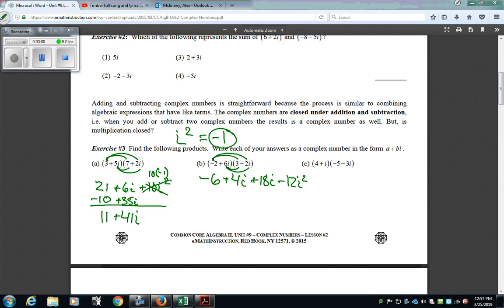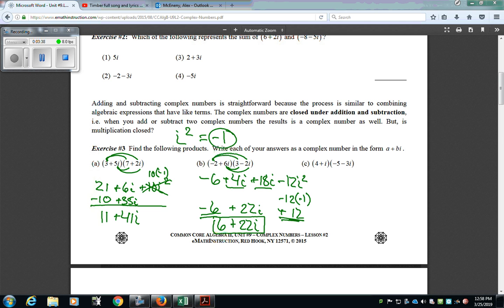So for this part, we'd have negative 12 and negative 1, which would end up being positive 12. We have the negative 6, and then we can combine these two together, which would be 22i. And I can still combine these two together, which would be positive 6. So this is going to be 6 plus 22i.